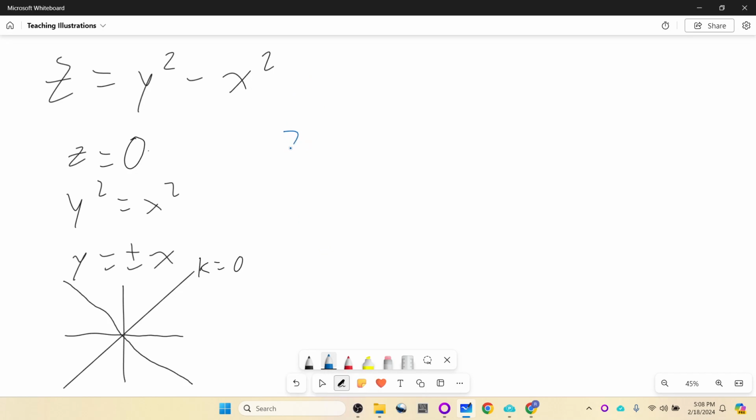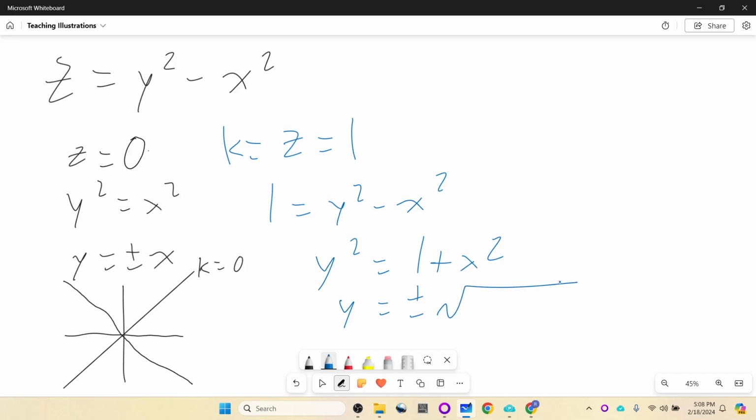Now let's pick a 1. z equals 1, or k equals 1. 1 equals y squared minus x squared. So y squared is 1 plus x squared. y is plus or minus square root of x squared plus 1. Now what shape is that?